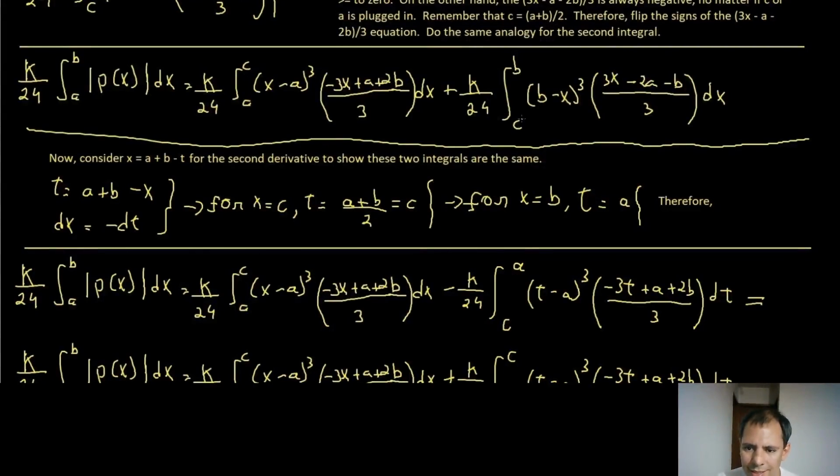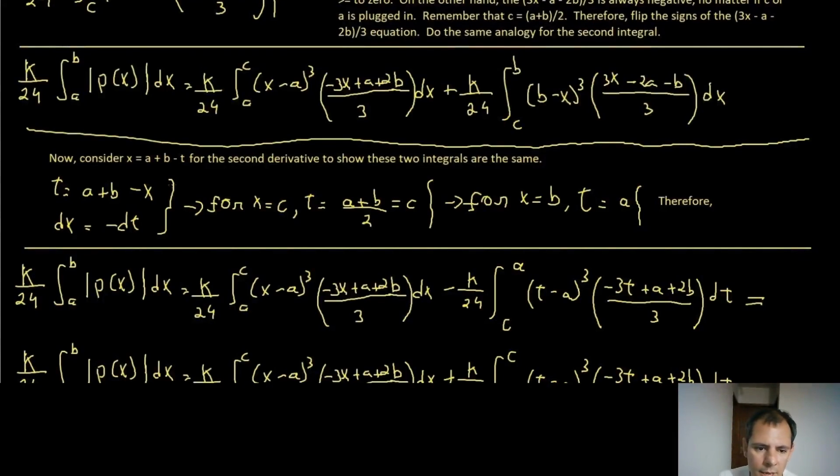Now, when you plug this c on this x, you have a plus b minus a plus b divided by 2. So it's like having 1 minus half. What are you going to have? Half. Okay, so it's a plus b divided by 2, which is what? C. So when x is c, t is also going to be c, so the c remains in here, okay?